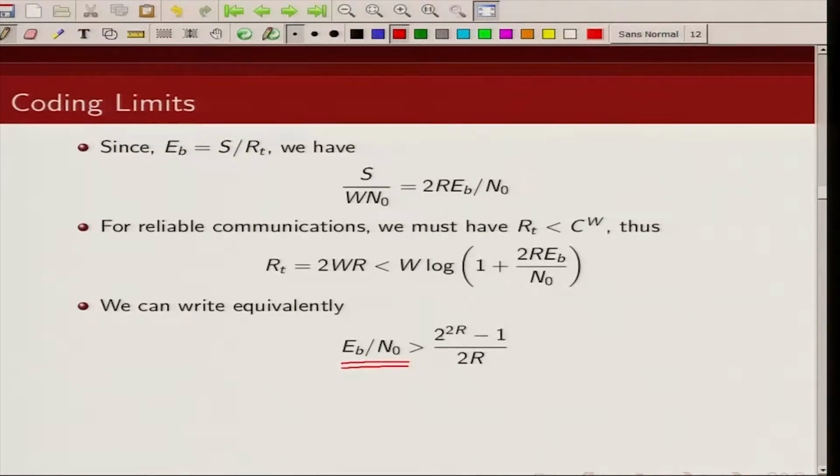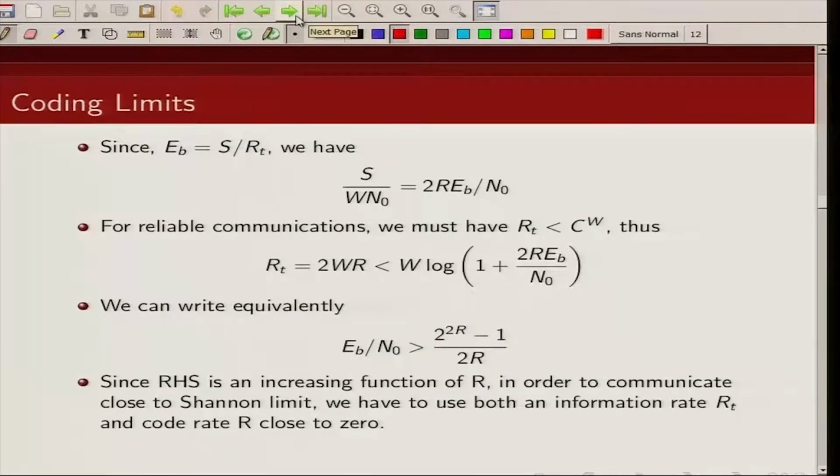Now, this right hand side term is an increasing function of R. So, if you want to communicate close to the channel limit, then your information rate R_T as well as code rate R should be close to 0. In fact, if you let R go to 0, you will get the limit that we had just talked about in the previous problem, which was minus 1.6 dB.